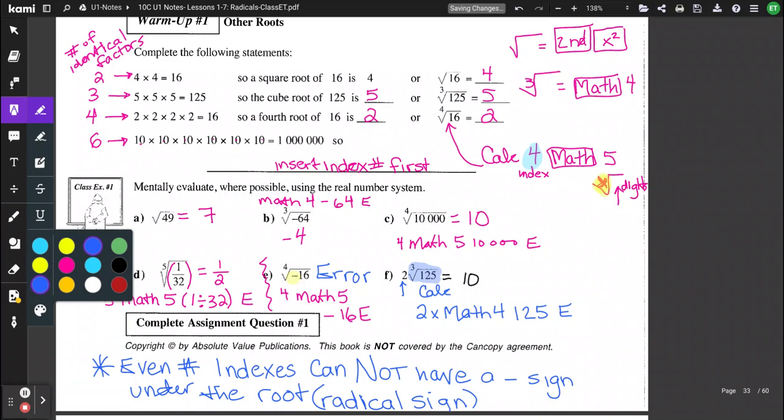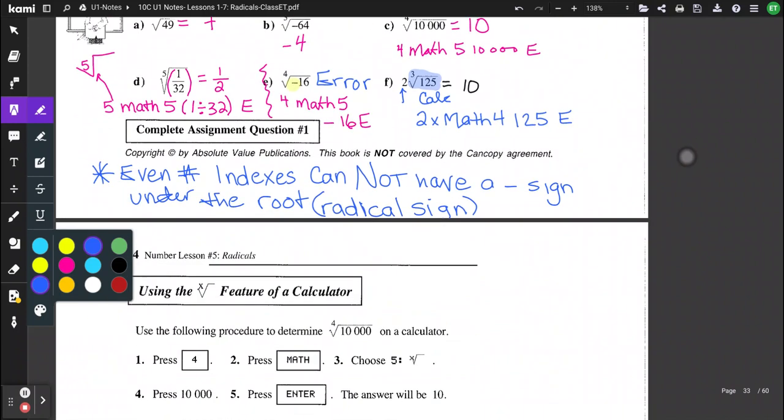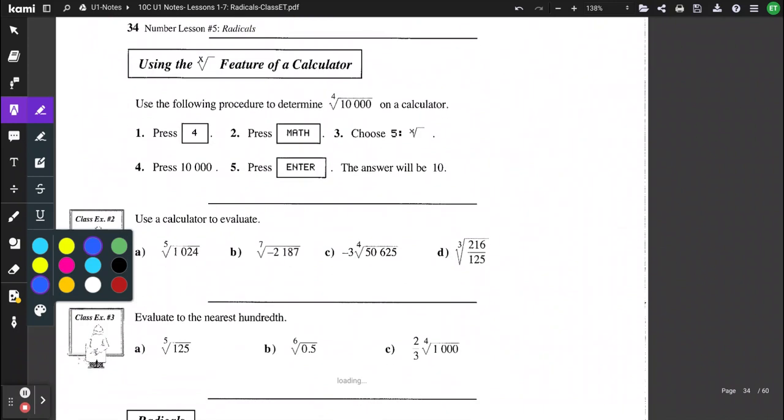All right, turn your page. So now we're talking about what to use on the calculator again, and this is showing you your calculator steps on the next page. So it says using the X root. The X root, this is where we have to put in our calculators. So they're showing us the calculator steps.